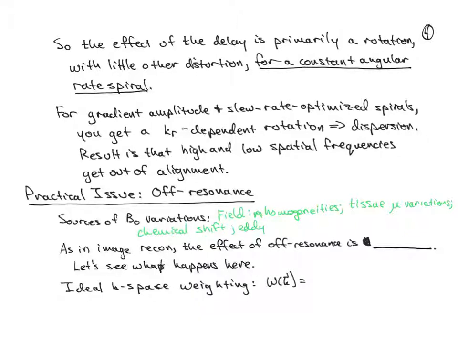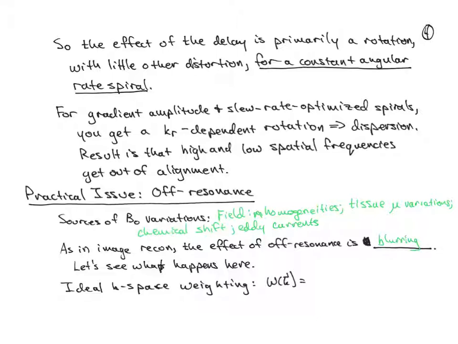All of these cause variations that manifest as off-resonance. And they have the same overall effect on the excitation. So as in image reconstruction, the effect of off-resonance on spiral excitations is blurring.